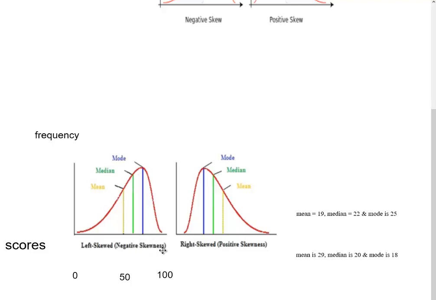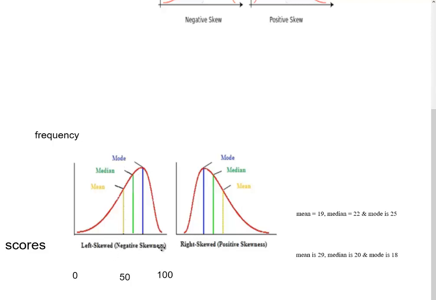And vice versa, if we get a positive skew, most of the scores are here. They are low, right? They're up to 50, let's say, in this example. So why might most scores be high, for example, on a group of scores? Have a think about that. Why would you get a group of scores where most of the scores are really high?